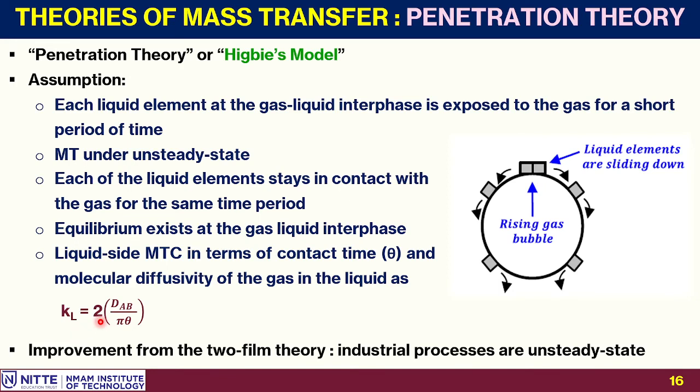KL is equal to 2 times square root of DAB by pi theta. The pi is because it's a spherical concept that has been taken here, 360 degree. Theta is the contact time. DAB is the diffusivity of A in B in that film layer using the diffusion concept. So this is more realistic.